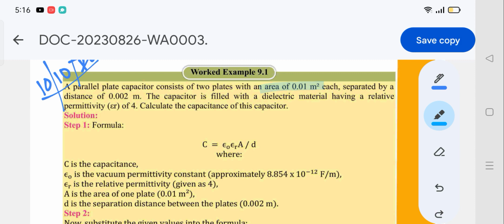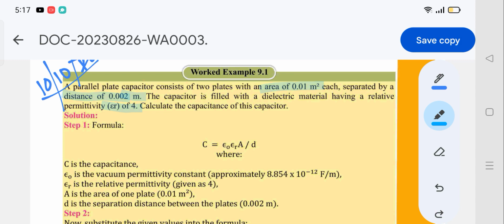So the area and the distance are given. The capacitor is filled with a dielectric material having a relative permittivity ER of 4, so ER is equal to 4. Calculate the capacitance of the capacitor.